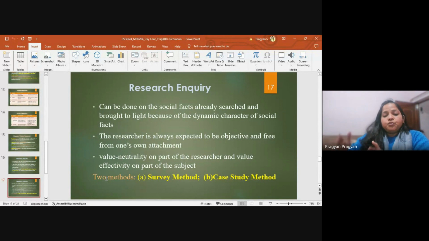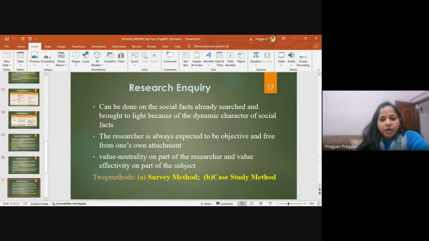So you have to conduct a study along with their values and norms. Only then are you going to develop a deeper insight, and you can develop better intervention strategies, solutions and models.